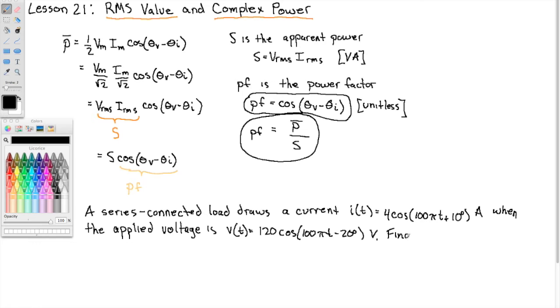Find the apparent power and the power factor of the load.